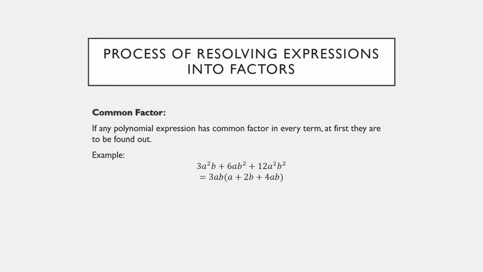Here we got our factors 3ab, and a plus 2b plus 4ab. 3ab is a one-term factor, and a plus 2b plus 4ab is a three-term factor. So this is the process of resolving expressions using the common factor.